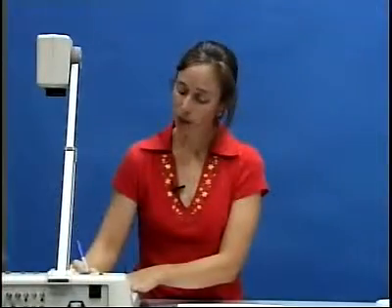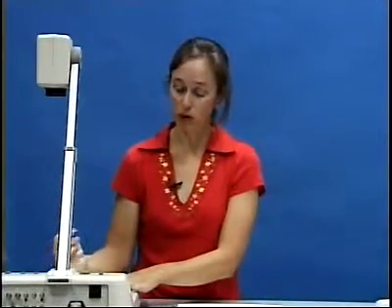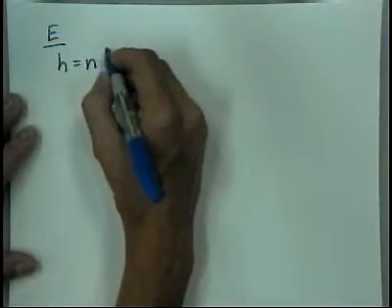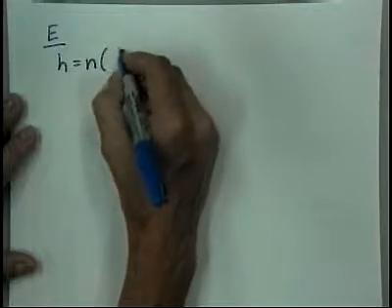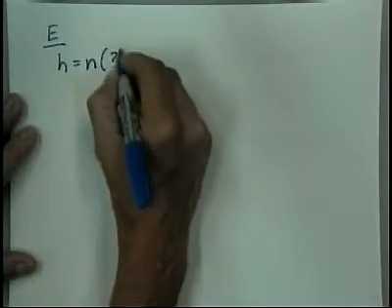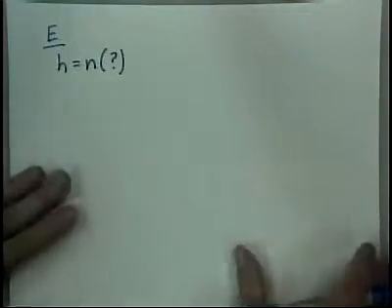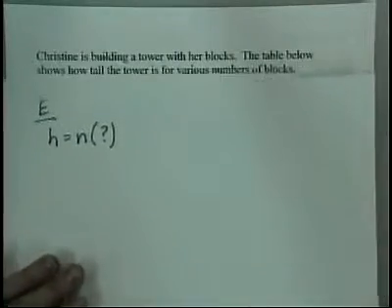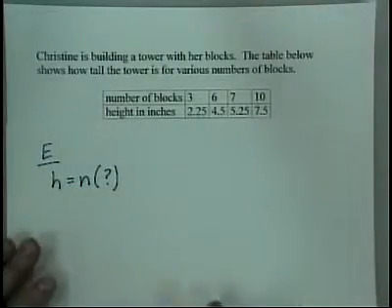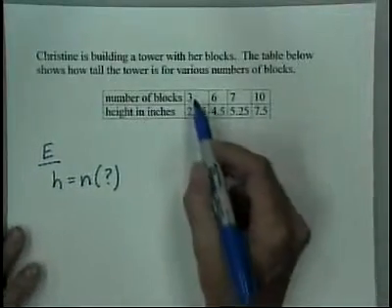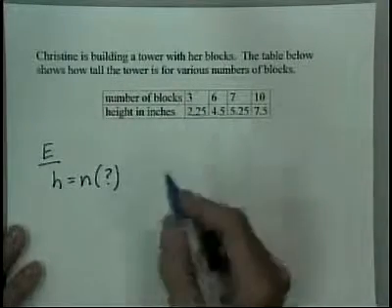Let's do the E part of our INVESTS procedure, which is to write an equation. Now we have the height of the tower is equal to the number of blocks times the height of each block. But I don't know what that is, so let's use some information in the table to find the height of each block. Notice that 3 blocks have a height of 2.25 inches.